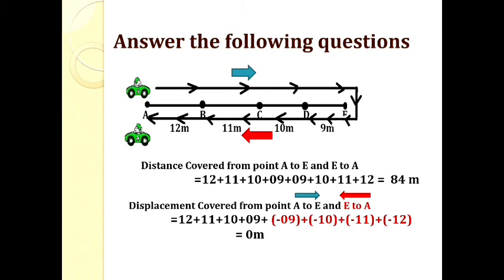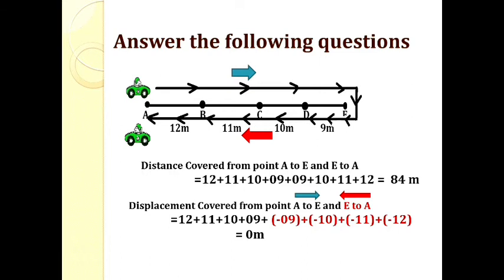Now let us calculate displacement. While calculating the displacement, we consider direction. First of all, let us try to find the displacement from A to E because it is in same direction. From A to E, the car has covered the displacement of 12 plus 11 plus 10 plus 9 meters.